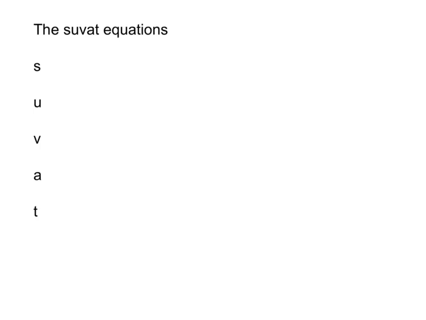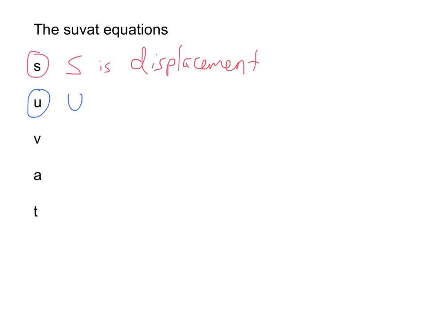Firstly, we'll start with S. S is displacement. And so this is distance in a certain direction from the origin. U, let's do it in blue.